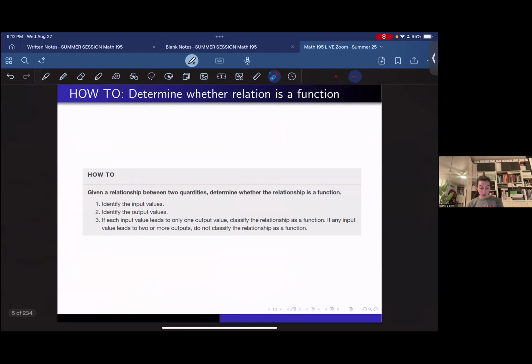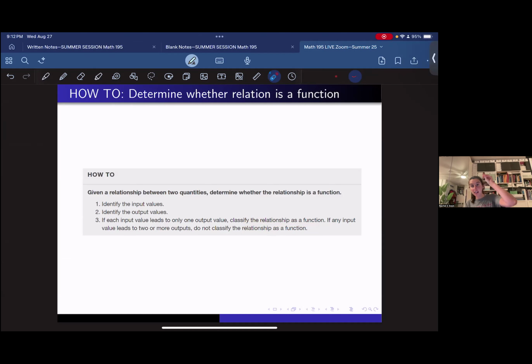Okay. So, how do we determine whether a relation is a function? Well, we want to be able to identify the input and the output values. And then if each input value leads to only one output value, meaning each input value is unique, there are no repeated input values, then we can classify the relationship as a function, meaning it passes our vertical line test.